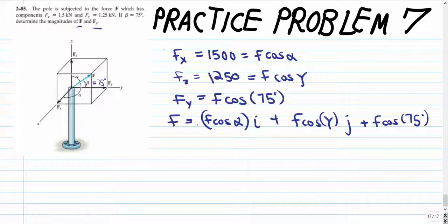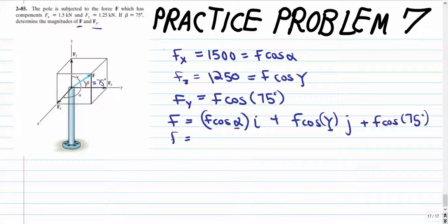Notice that in this equation we have three different unknowns, which are the force F, the angle alpha, and the angle gamma. But we can just replace this quantity by 1500 and this quantity by 1250, and that way we will be eliminating two unknowns.